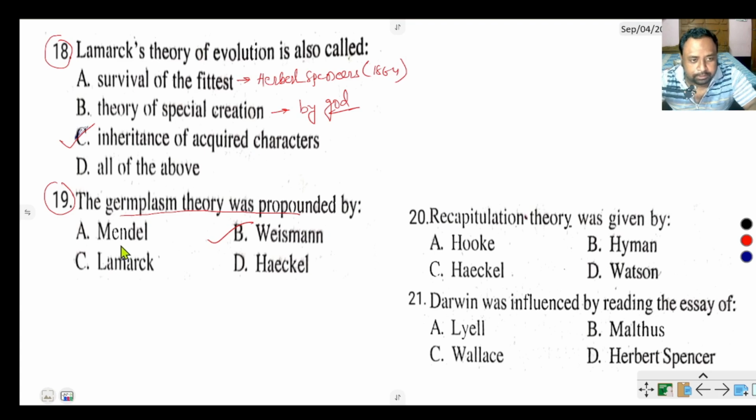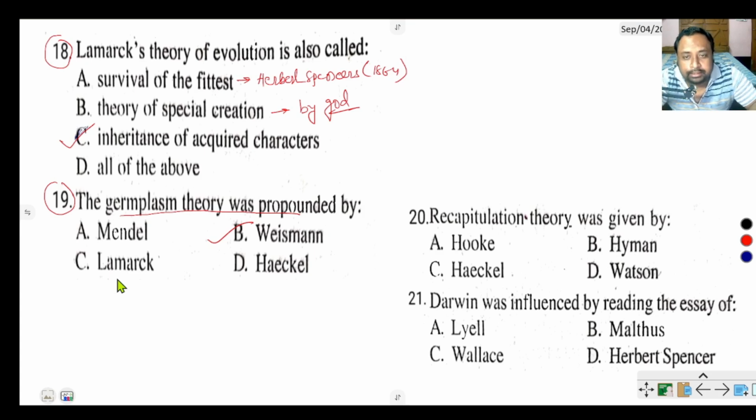Mendel is the father of genetics. Lamarck is an evolutionary biologist. He proposed the use and disuse of organs and the inheritance of acquired characters. And Ernst Haeckel proposed the recapitulation theory, or biogenetic law.